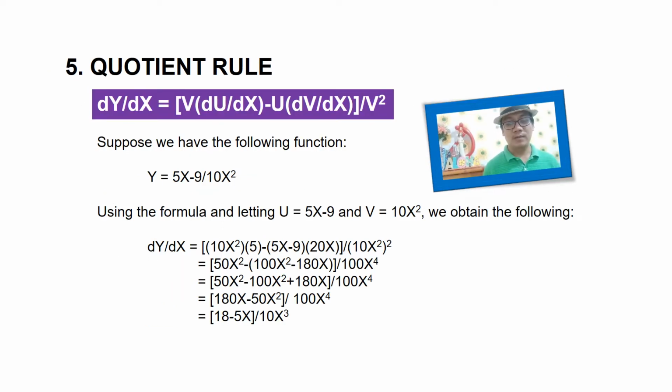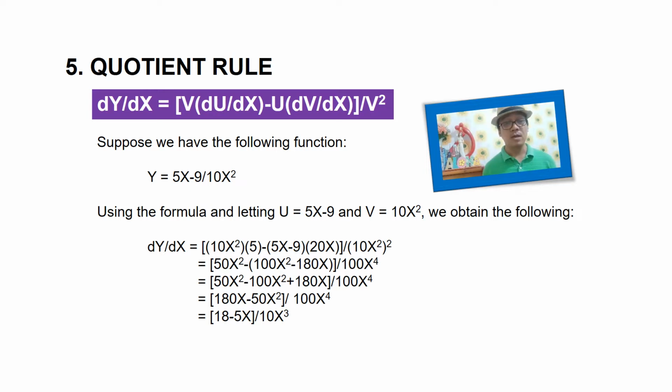Number 5, quotient rule. Given the function y equals u over v, its derivative can be expressed as dy over dx equals v times du over dx minus u times dv over dx, all over v squared.